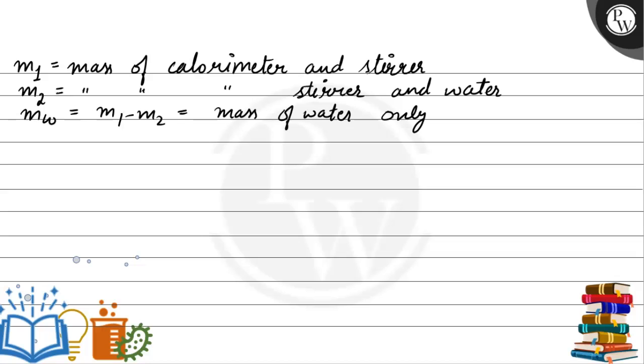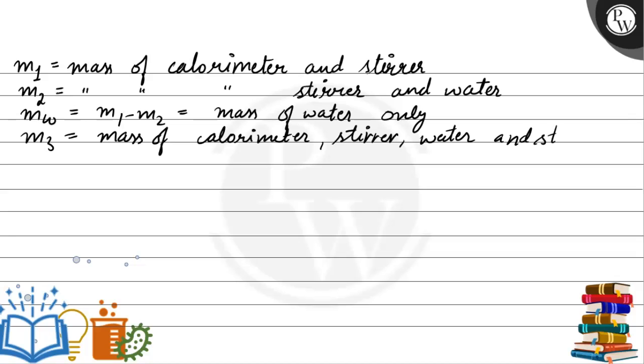Then mass 3 is the mass of calorimeter, stirrer, water and steam, and here M is equal to M3 minus M2, which is the mass of steam only.